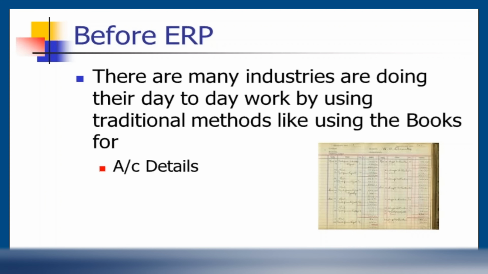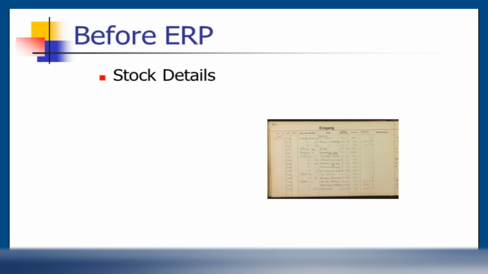With traditional old methods like ledgers, they used to open them and maintain all the expenditure by writing on different pages. This was the method people used in their businesses and industries. Their day-to-day work, everything they maintained in this fashion. Expenditure and other things, they would post in these books.